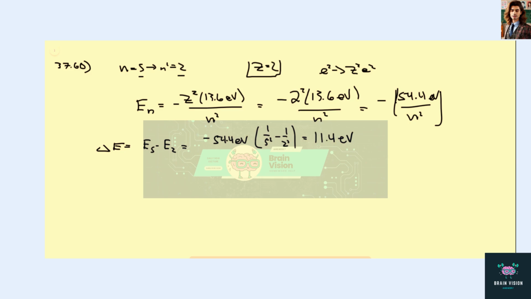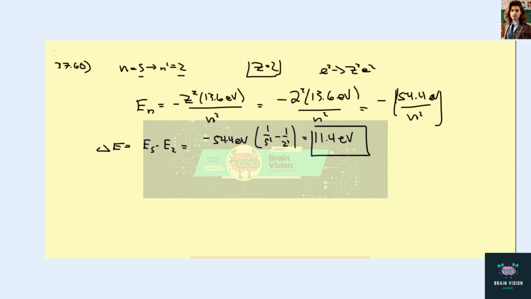Okay, so if that's our energy transition, now it also asks, can that photon be absorbed by hydrogen atoms? Well, this is not the energy difference between any two specific energy levels for the hydrogen atom.